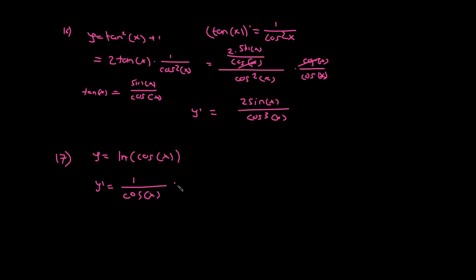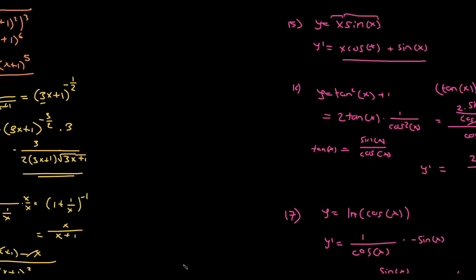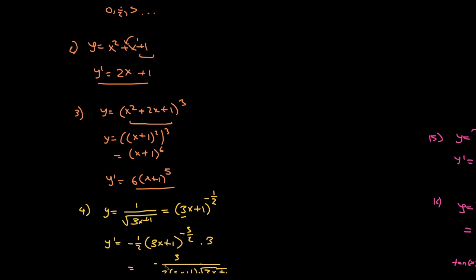And I have to multiply by the derivative of the inside, which is negative sine. And that becomes negative sine divided by cosine. And here you can actually say that this is just negative tangent. So the derivative of this function is actually the negative tangent of x. Kind of nice.